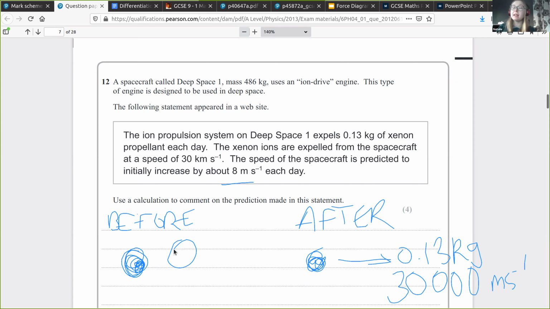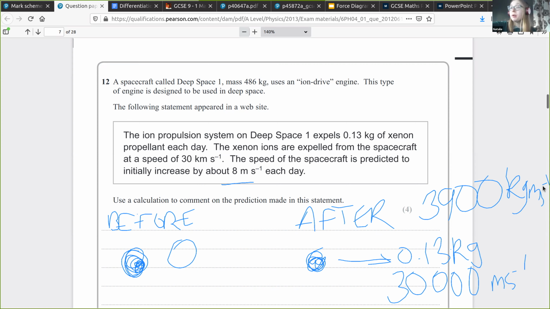And we know that has to be equal to 0 because the total momentum before was 0. So what we can do is work out the momentum of the xenon. We're going to do mass times velocity, which is 0.13 times 30,000, which should give us 3,900 kilogram meters per second. This should be the momentum of the spacecraft.